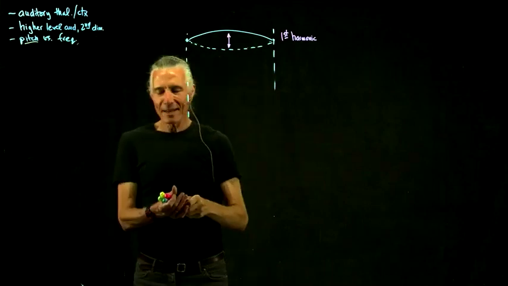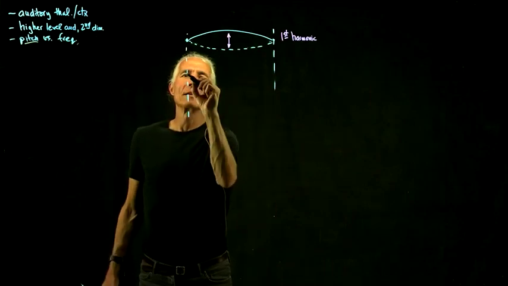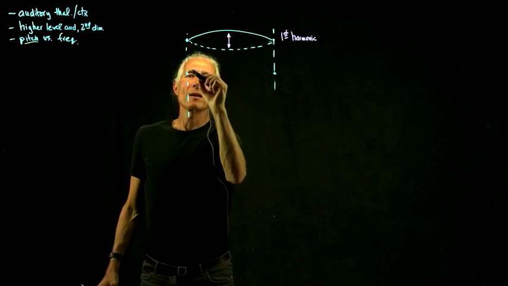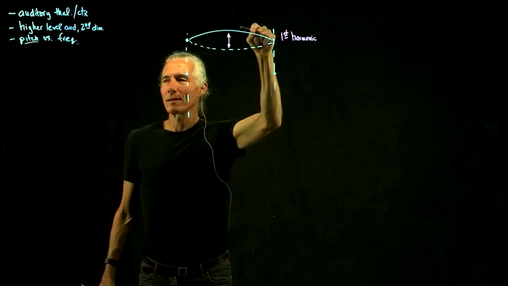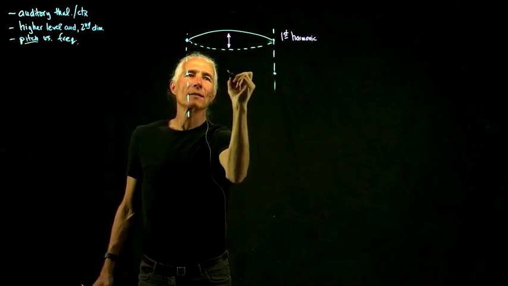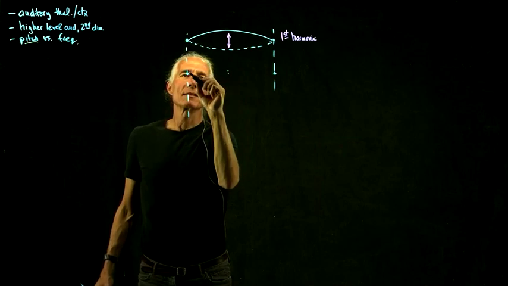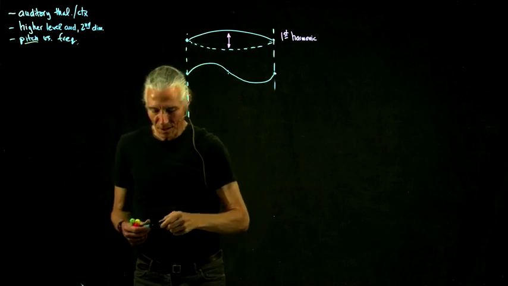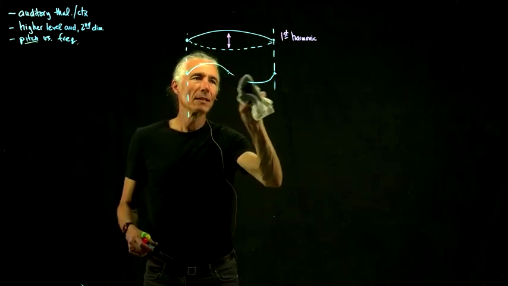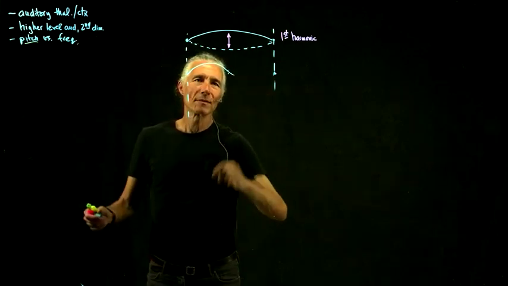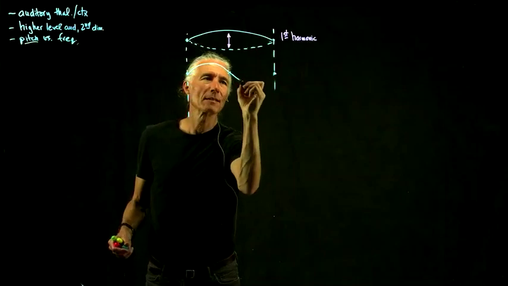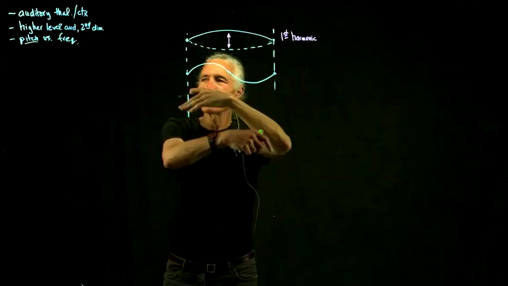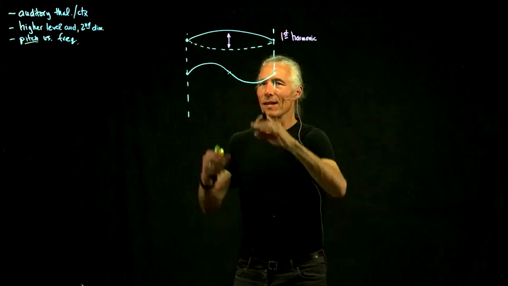The second thing is it could vibrate, say you plucked it right over here, like this. This is called a standing wave because it's not moving. Mathematically you can think of it as two moving waves going in opposite directions, but we'll just leave that out.